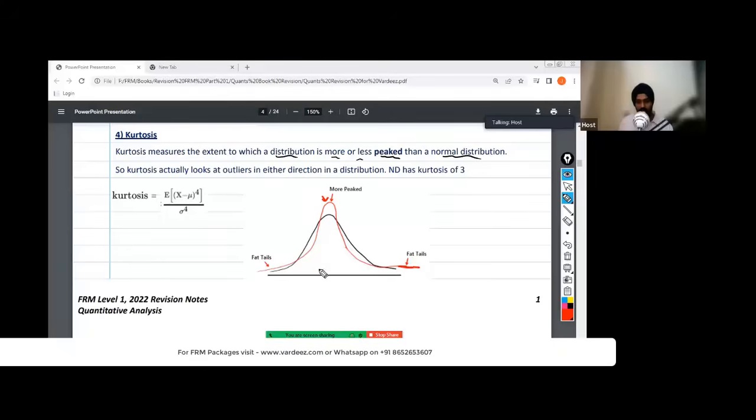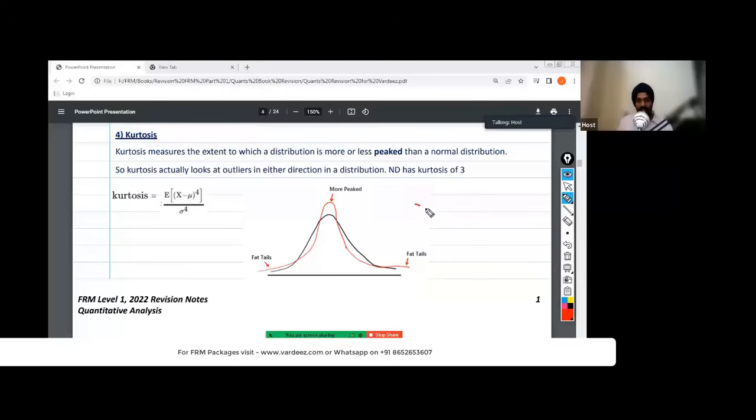That means a lot of data there in the tails. If they are in the positive tails, that's a beautiful situation. That's a very good situation. But if they are in the negative tails, then that's a bad situation. So kurtosis tells you how fat the tails are, or how much data is in the tails. If you want to find that, kurtosis is the measure that you can calculate.